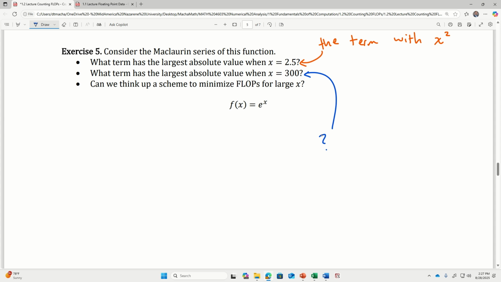This next question is a little bit tricky, but we can definitely figure this out. So each term looks like this. It's positive, and it's going to add x to the k power divided by k factorial.